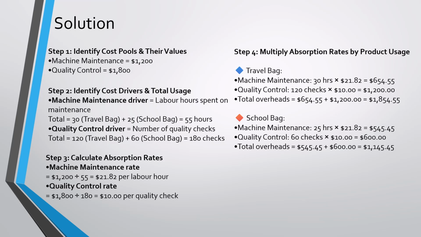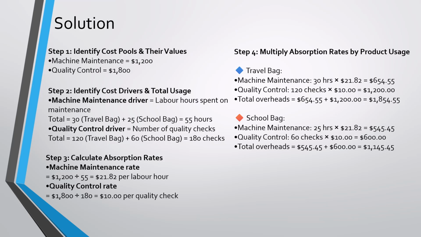The cost drivers for these pools are the labor hours spent on maintenance for machines and the number of quality checks for quality control. In step 3, we need to calculate the absorption rate with the formula, which is total value of the cost pool divided by number of uses of a cost driver.